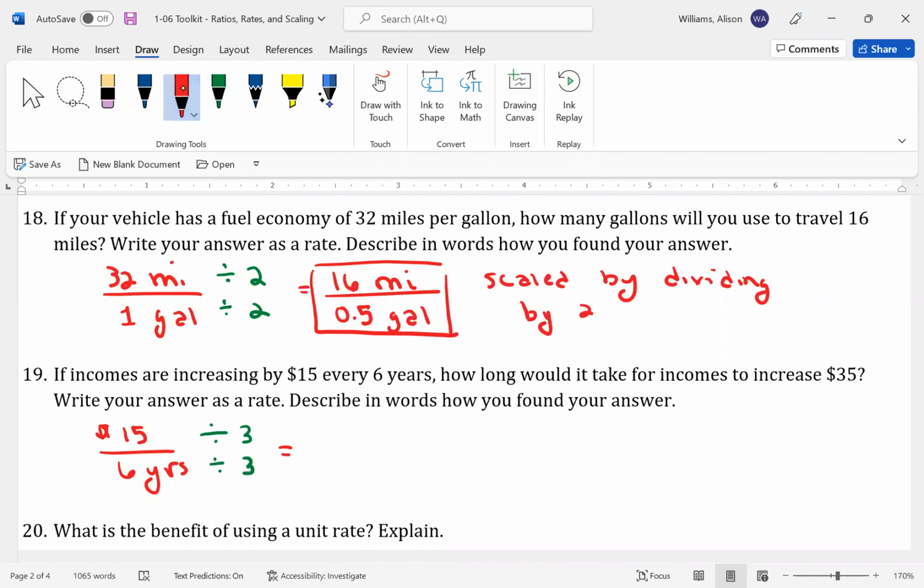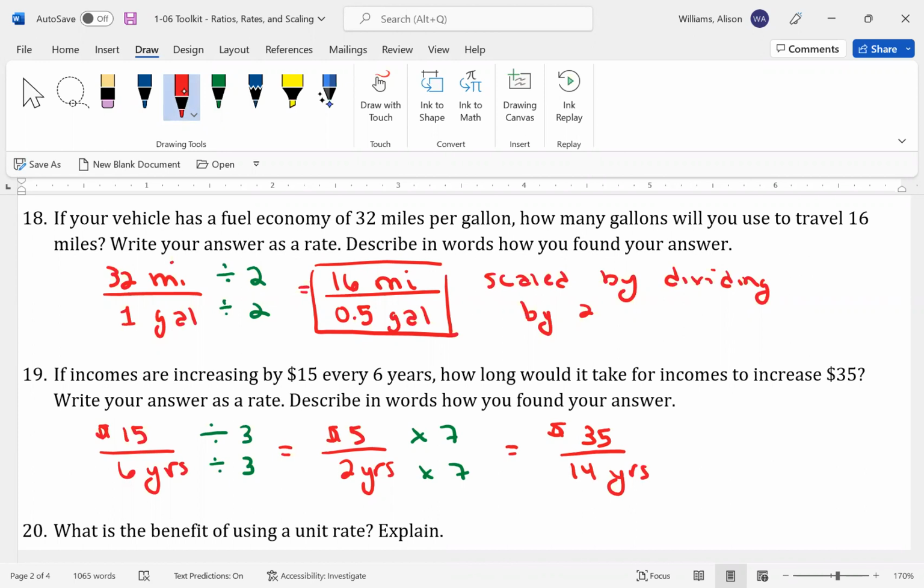Okay, so 15 divided by 3 is $5. And that's 2 years. Okay, now I can turn 5 into 35 by multiplying it by 7. Boom. So $35, it's going to take 14 years.